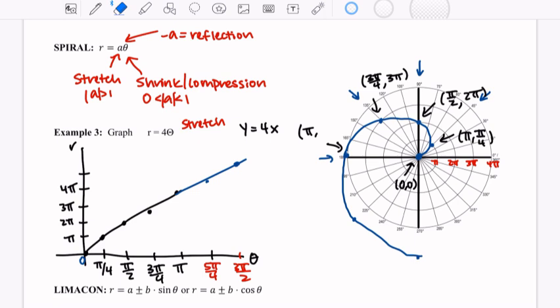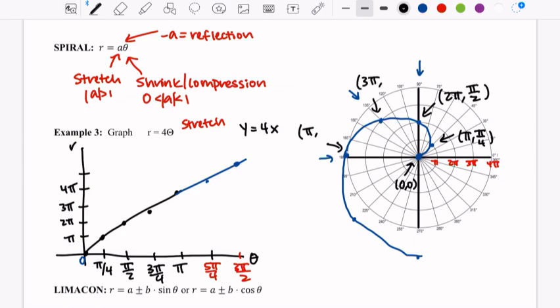Ooh, I wrote these backwards, hold on. Okay. 2 pi, pi over 2, 3 pi, 3 pi over 4, 4 pi, pi. Okay, there we go.